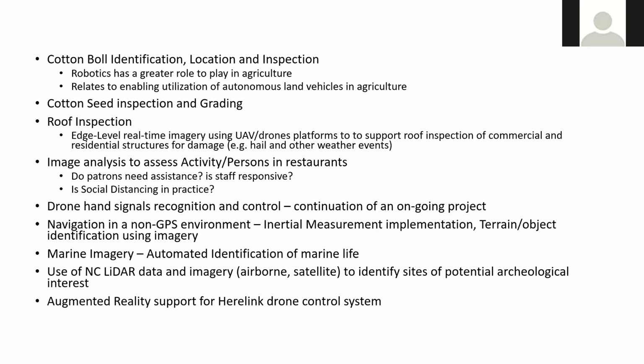The next one involves navigation in a non-GPS environment, and in this case, underwater. You can't get a GPS signal underwater. So if you want to navigate underwater or have a vehicle or an AUV that acts underwater, say, to follow a specific path or to record where it's been, you can't depend on GPS. So there are two parts to this.